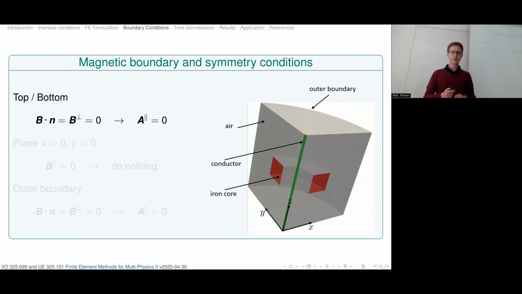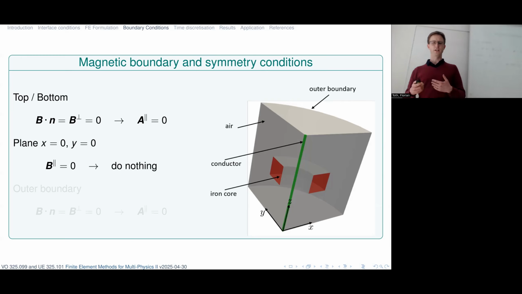Here is an example of a magnetic problem with boundary conditions. We have this green conductor carrying some current through the domain. We have an iron core that, of course, will concentrate the field a little bit. But for the top and bottom face, we want to require tangential field lines for these 2 symmetry planes, the XZ and the YZ planes.